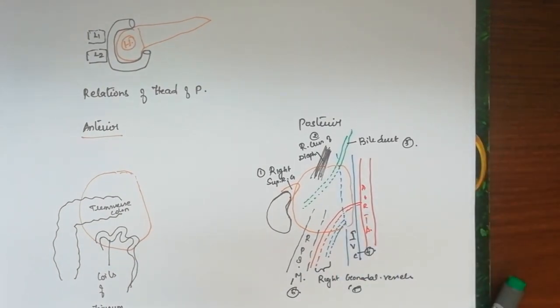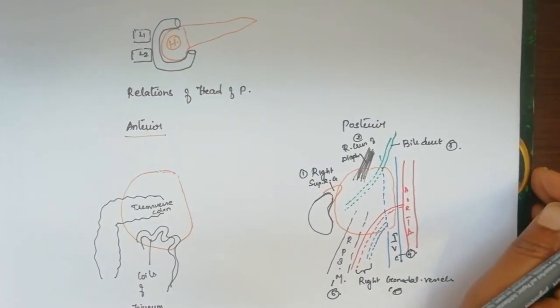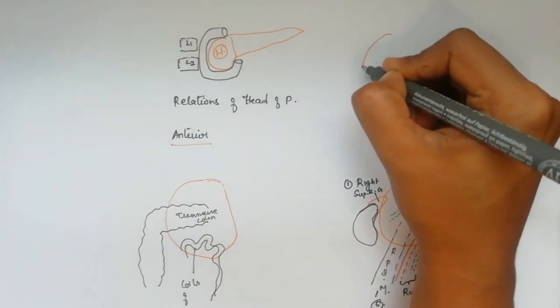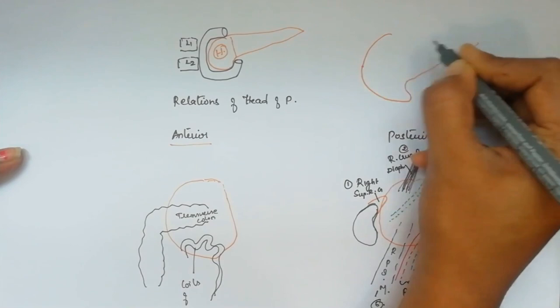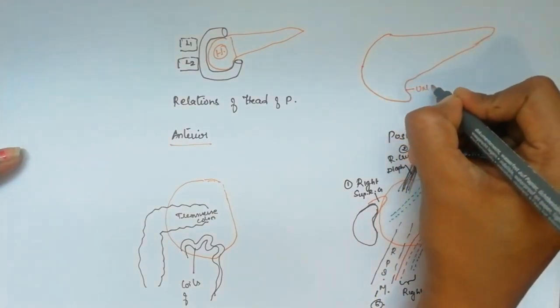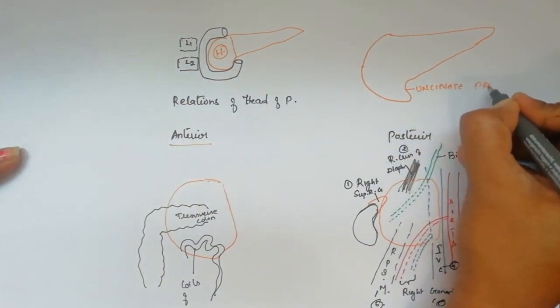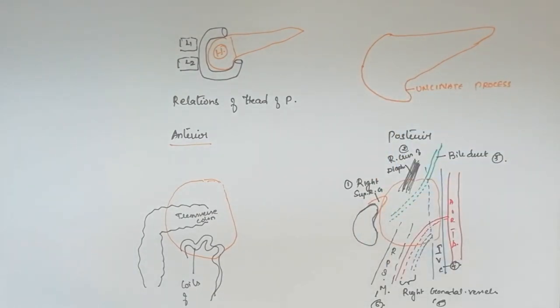So we have our head of pancreas, which is extending downwards as the uncinate process. So this is the uncinate process, and in the anterior aspect of this uncinate process we have some vessels passing.